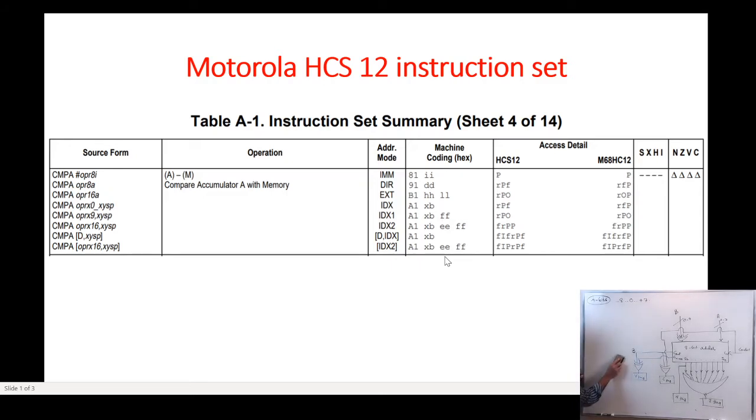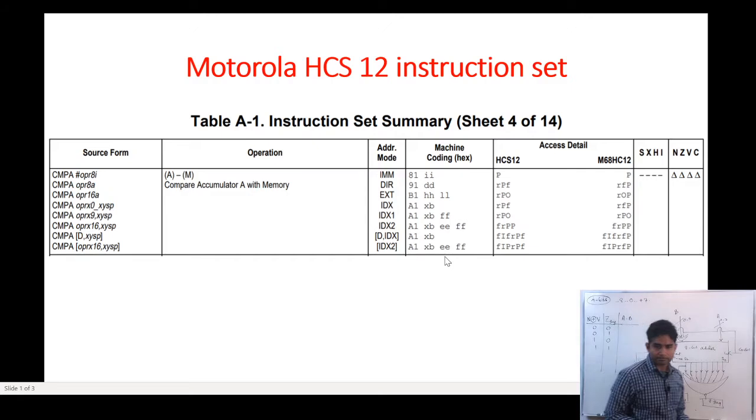Now I'll work with Nflag exclusive OR Vflag, and Vflag, and the result of the operation. Okay. Again, my possibilities are 0, 1, 1, 0.